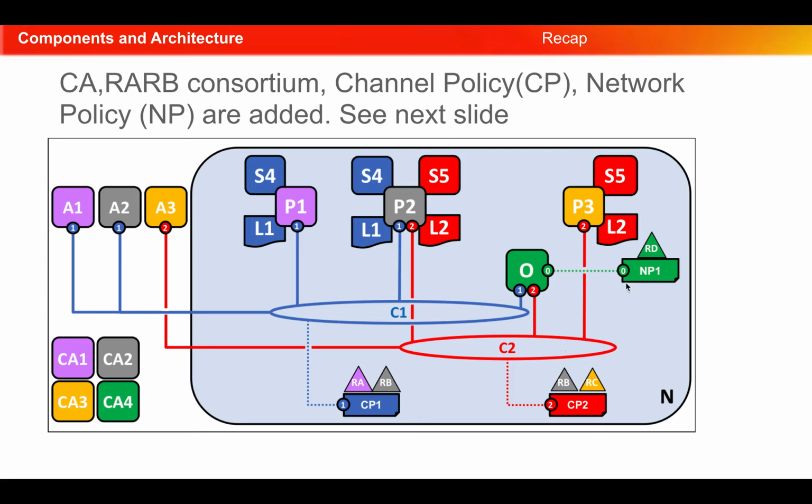This orderer is responsible for taking all the transactions and creating the blocks according to the network policies, which are defined by organization D, which is RD. So in entirety, this is how the Fabric network formation happens, and these are the entities that come together to form a Fabric network.